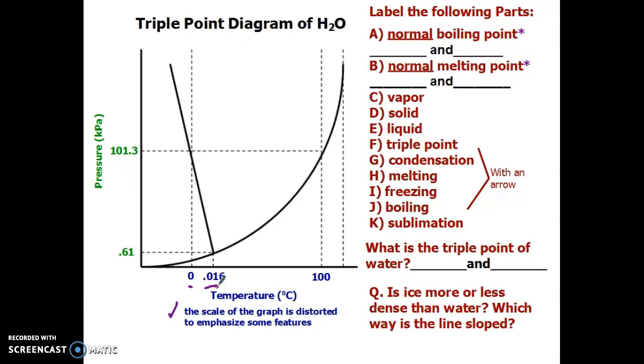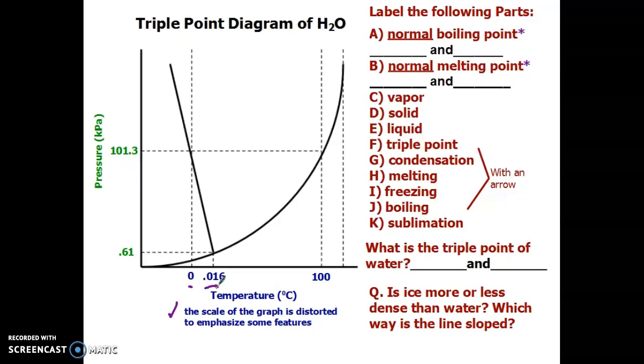We're going to start out by labeling some of the parts, starting with normal boiling point and normal melting point. This is something we've talked about. We've been talking about the boiling point of water being 100 degrees. Even yesterday we talked about, is that always true? And the answer is no, it's not always true.